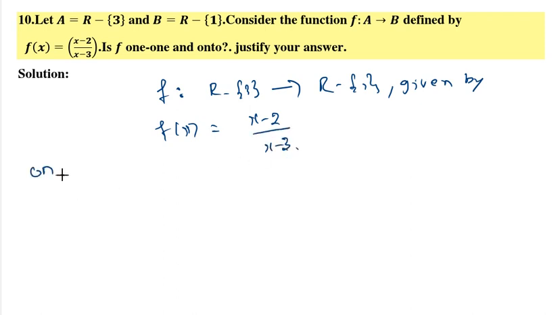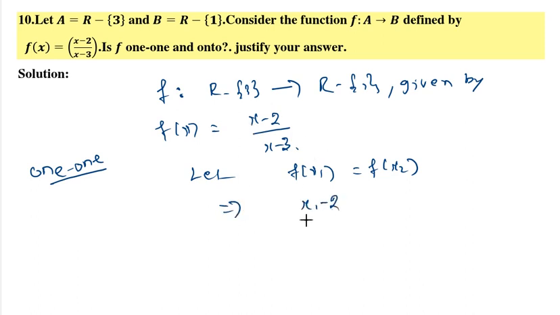To confirm or to discuss 1 to 1, let us take f of x1 and f of x2 equal. What is f of x1? x1 minus 2 by x1 minus 3. The other side, x2 minus 2 by x2 minus 3.